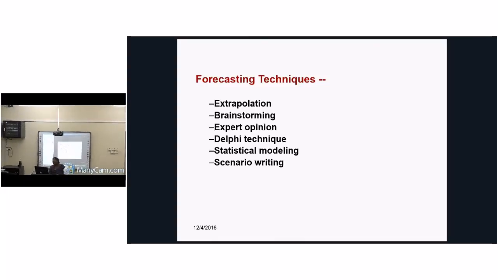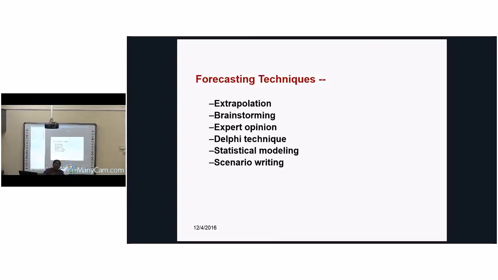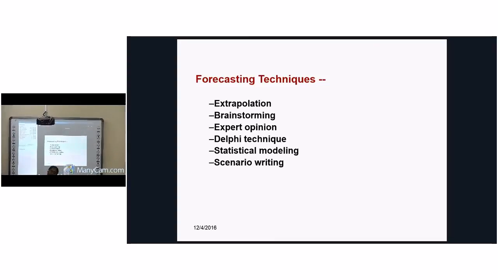So, you have to forecast the future behavior using past information. These are the forecasting techniques you use for understanding how these elements behave in future, and how they affect our firm in future.